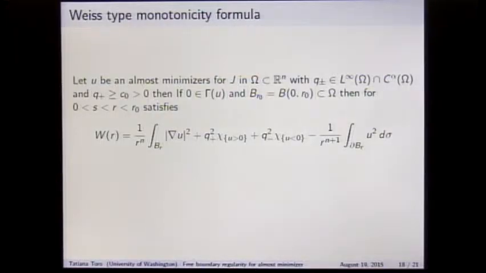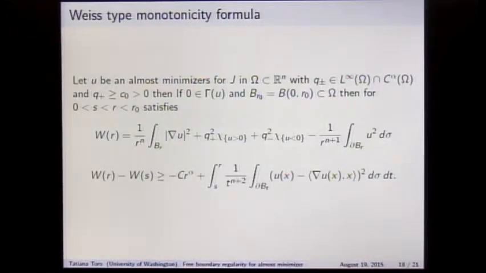Just let me show you one. So if U is an almost minimizer of J, and Q plus and Q minus are C^alpha, we look at this functional. If you are familiar with Weiss, this is what Weiss looks at. Weiss has two versions, this one minus this, and this one minus something slightly different. We have an almost monotonicity for both of them.